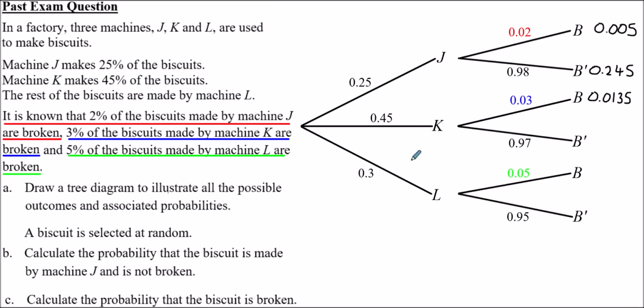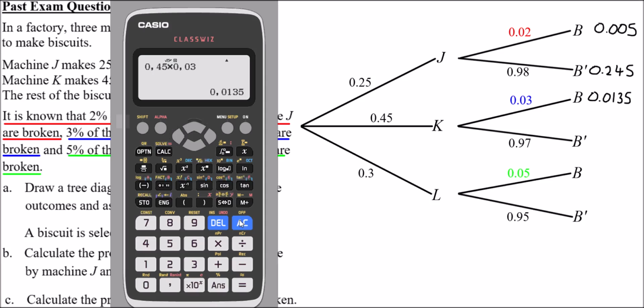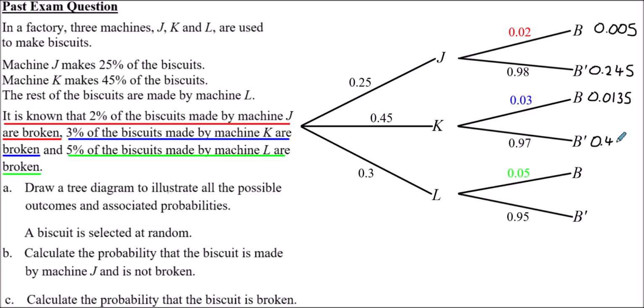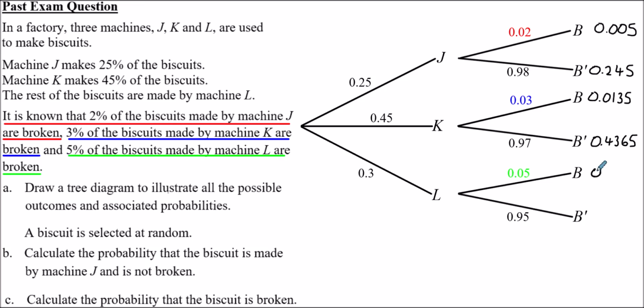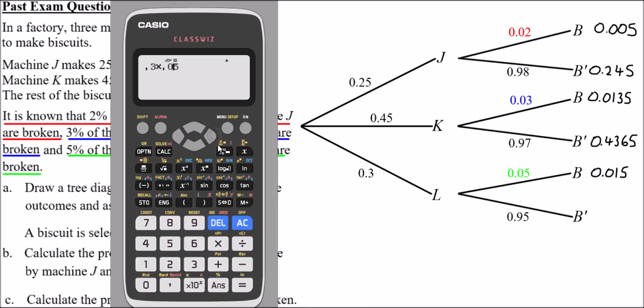Now 0.45 multiplied by 0.97 gives us 0.4365. And nearly done. 0.3 times 0.05 gives us 0.015. And last but not least, we're going to do 0.3 multiplied by 0.95, which gives us 0.285.